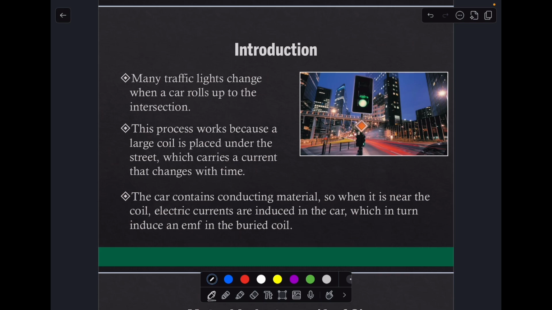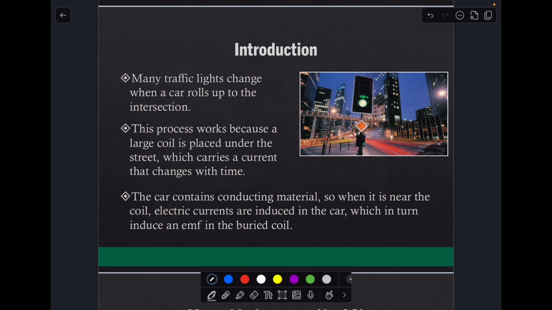There is a coil built into the asphalt. And this coil has a current flowing through it. And when you roll your car up over it, which is a piece of metal, right? It's essentially a hunk of metal. That current that's flowing in the conductor that's embedded in the asphalt is going to produce a magnetic field.